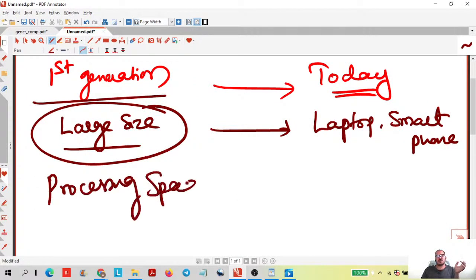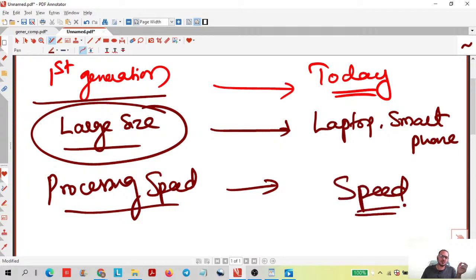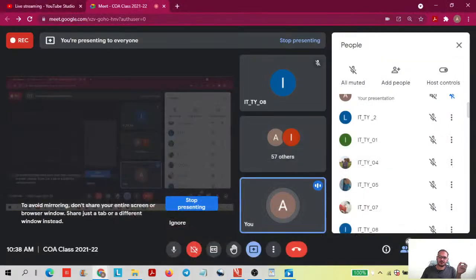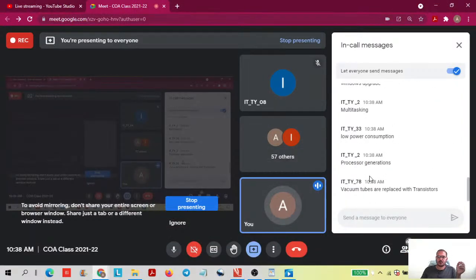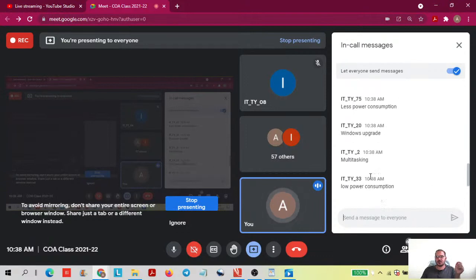Processing speed, like the calculation time and the response time, has improved a lot compared to the first generation. And low power consumption is also very important.